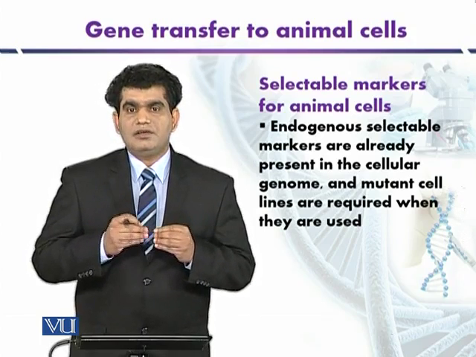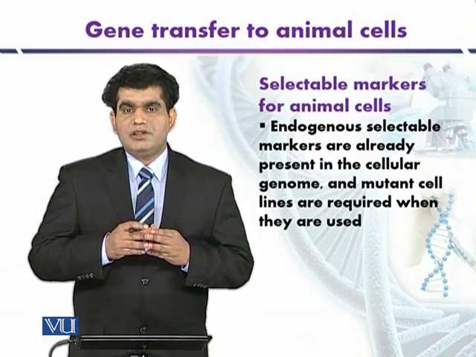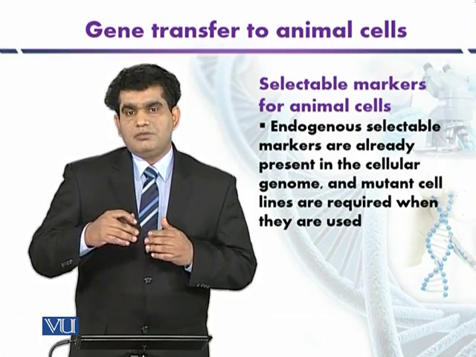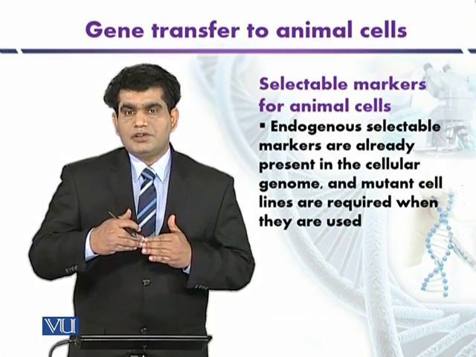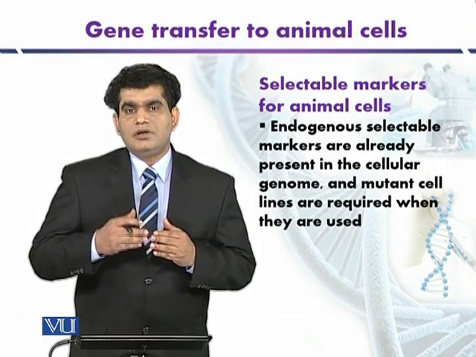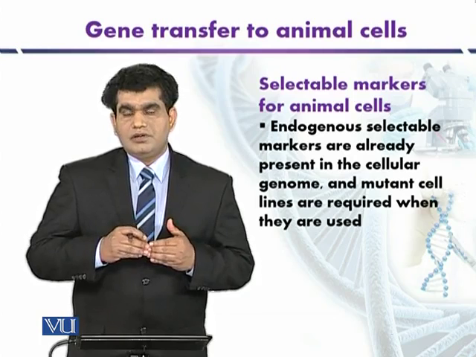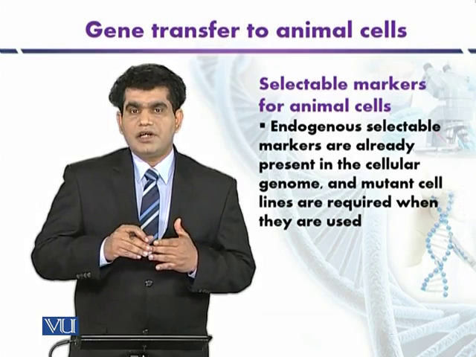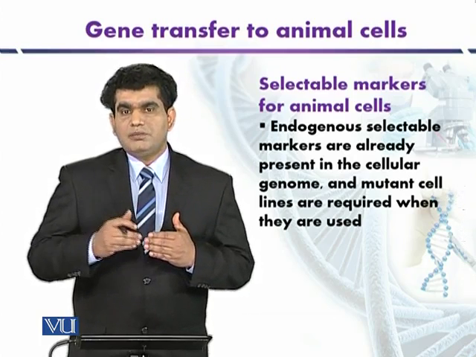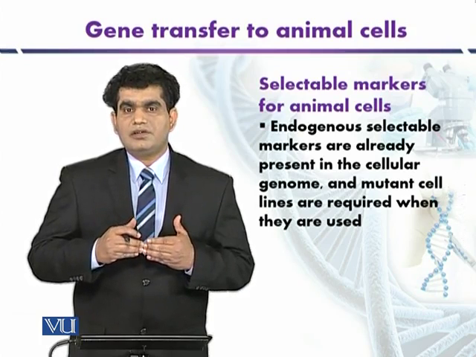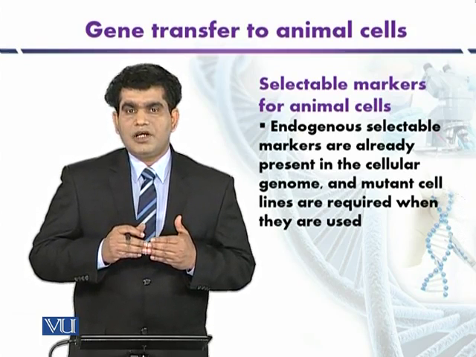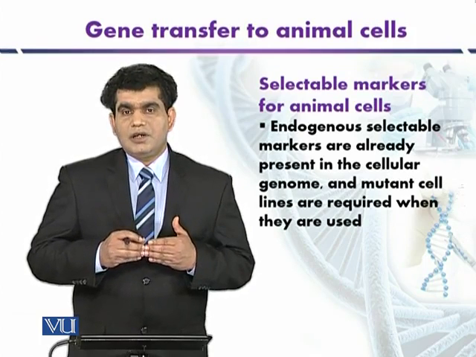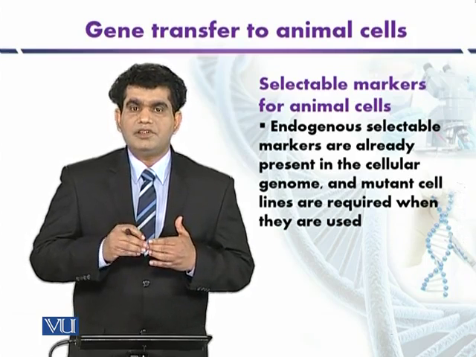DNA can be synthesized as a result of de novo biosynthesis by using some sugars or amino acids as precursors, and sometimes by using the salvage pathway, where already existing nucleotides are recycled. For the salvage pathway, these two enzymes, thymidine kinase or TK enzyme and Hprt enzyme, are most important for the recycling of the nucleotides.